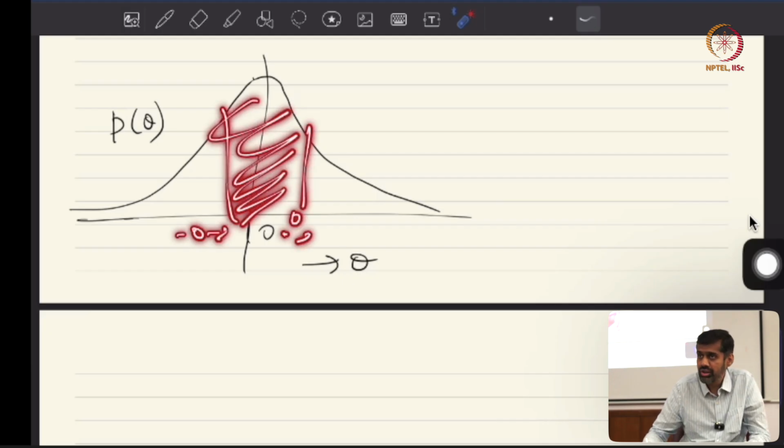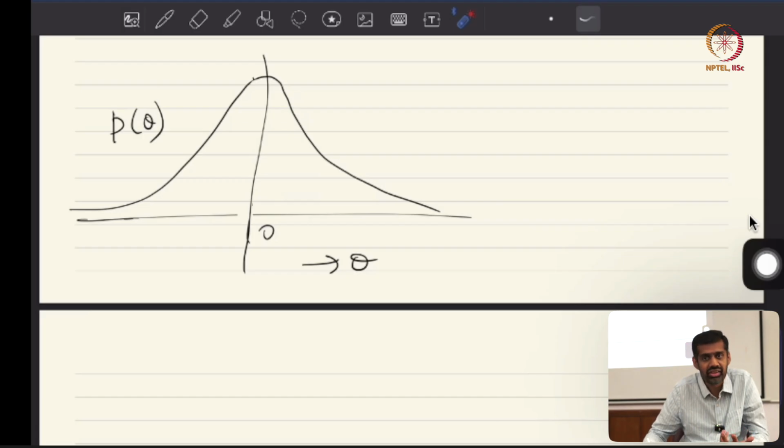Suppose I want to increase that mass, meaning I want to say choose the parameters in such a way that the probability of getting those parameters around 0 is higher than that of a unitary Gaussian. What should I do?